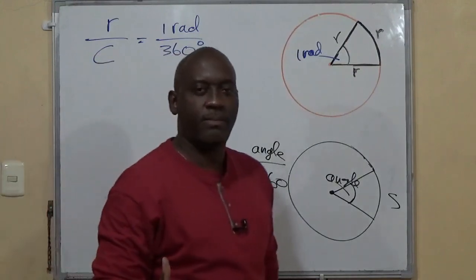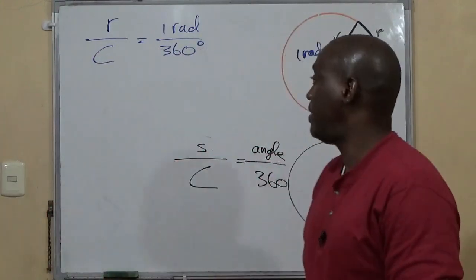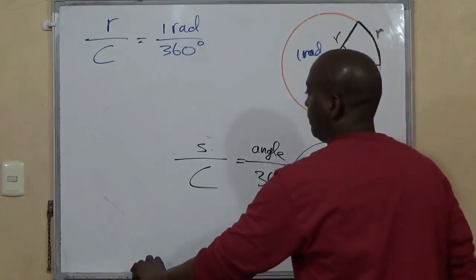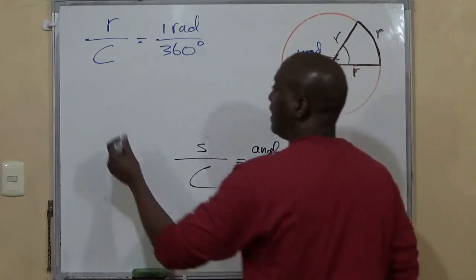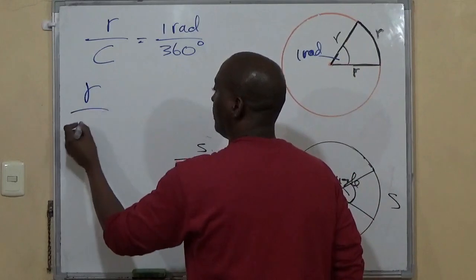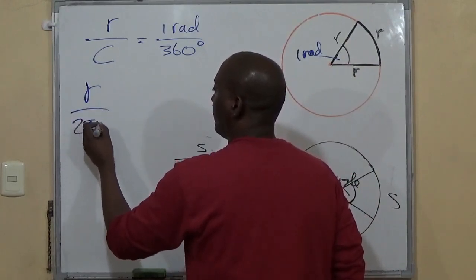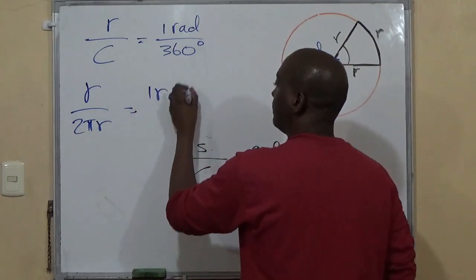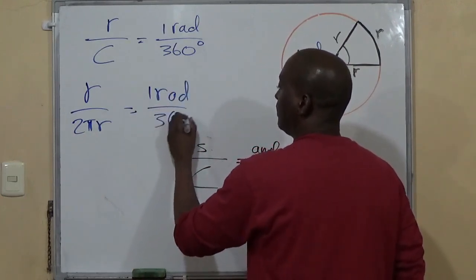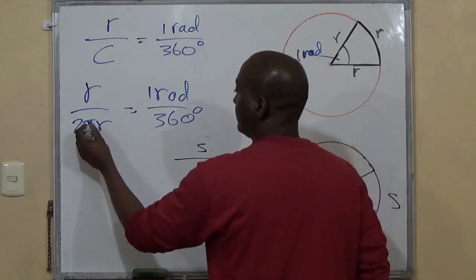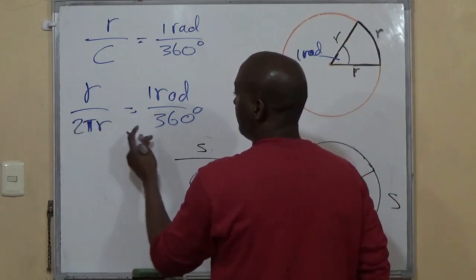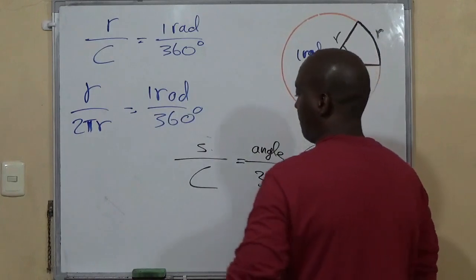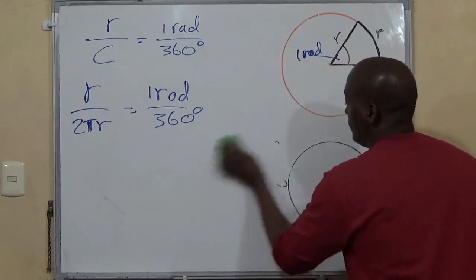We know, of course, that the circumference is 2 pi r, 2 by this constant pi by the radius itself. So we could say that r over 2 pi r is equal to 1 radian over 360 degrees. So we are establishing a relationship between the radian and the degree using this formula. So we start to simplify.